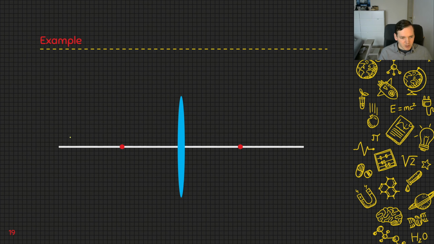As an example here, I'm going to draw an object on the left-hand side. We're going to do it as an arrow, since arrows are pretty common for doing ray diagrams. I've got this arrow, and let's actually make that a green arrow so it's easier to see the difference between what I'm drawing and what the object is.